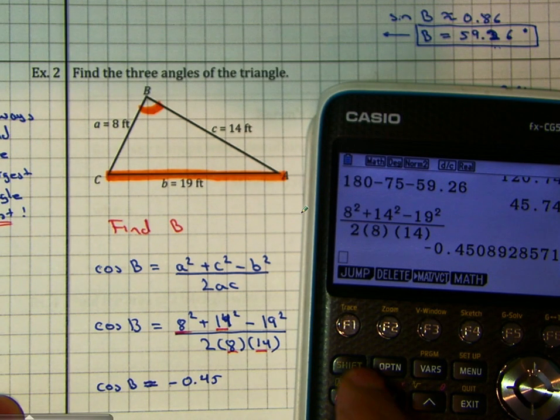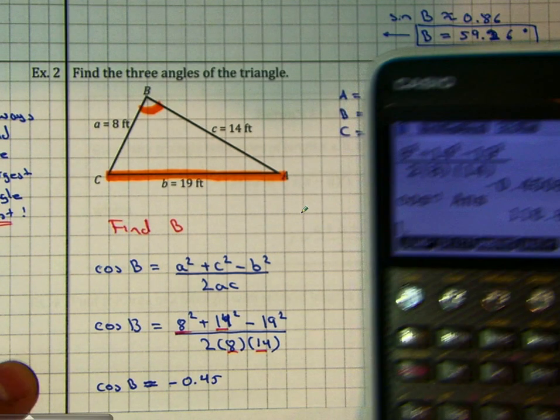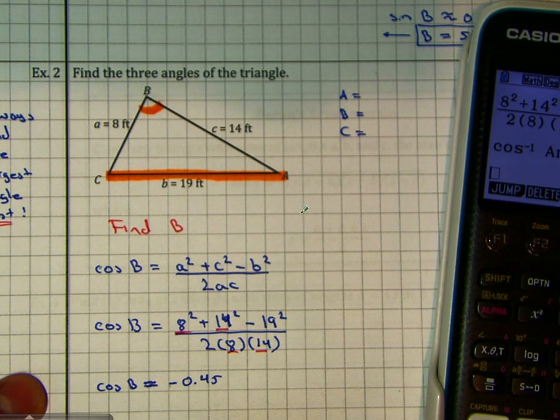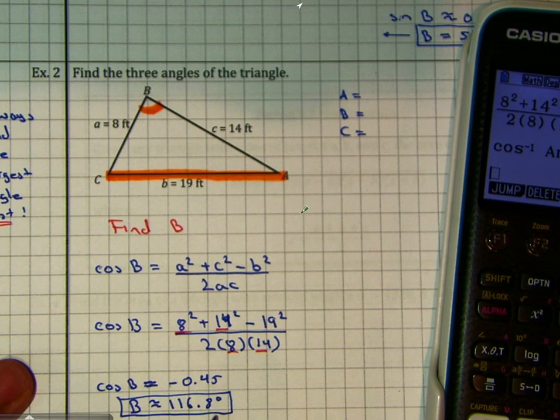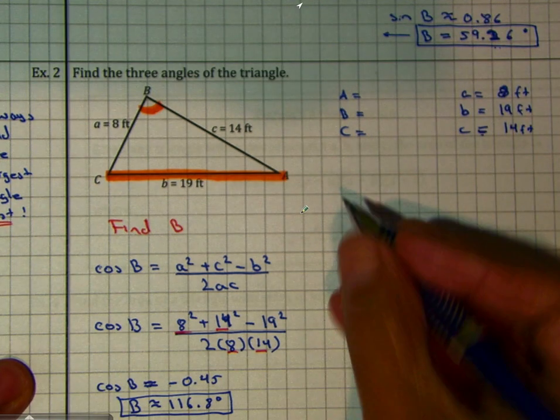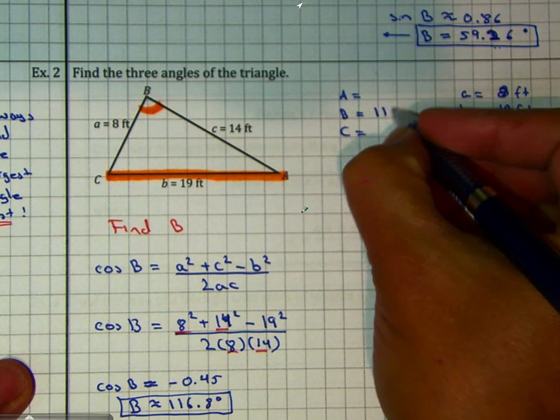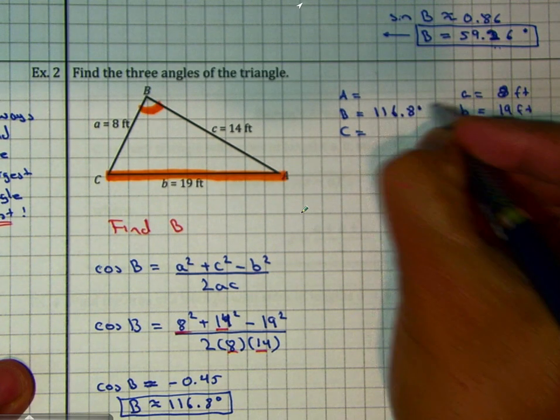So now I'm going to take the inverse cosine of my answer. And my angle B is approximately 116.8 degrees. So notice that if we have not found B first, then when you do your law of sines, you might end up with your second triangle as your solution.